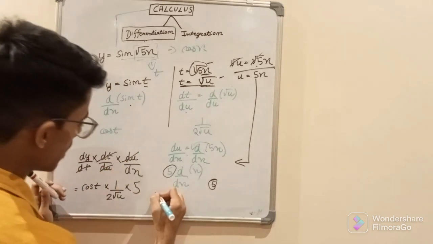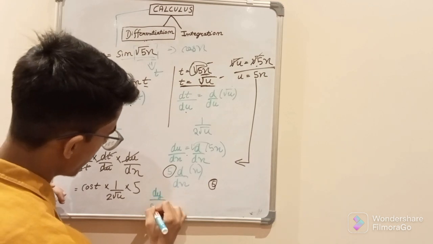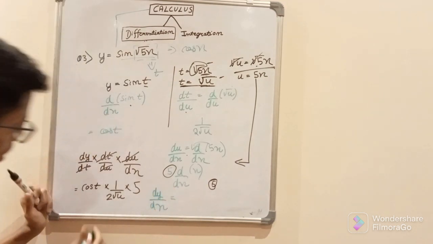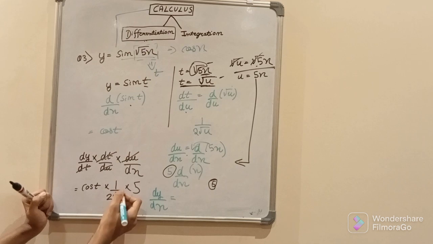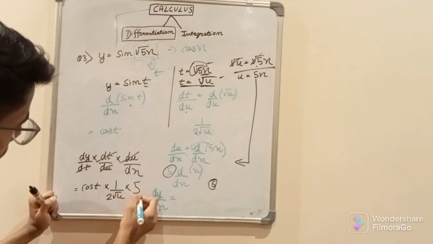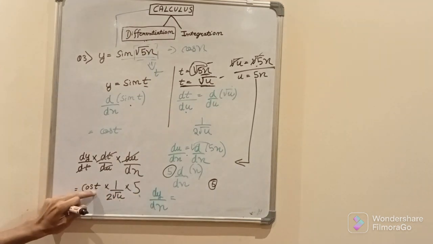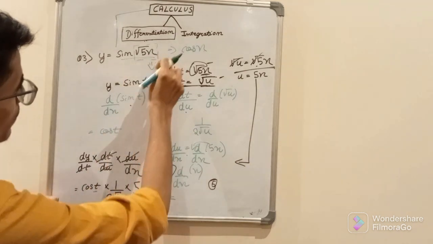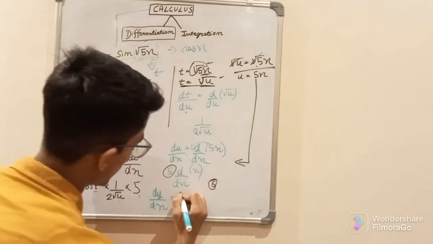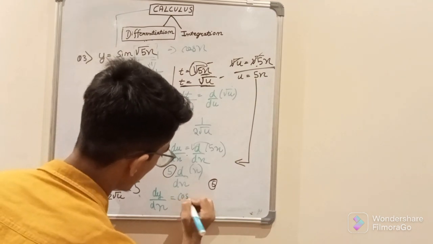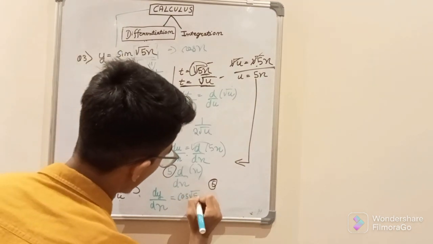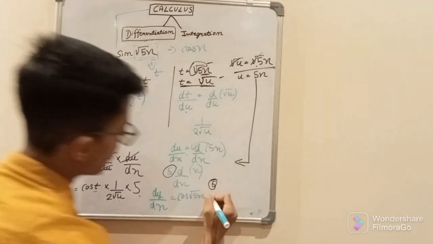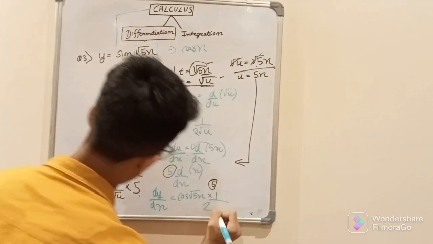So we are left with dy upon dx is equal to cos t multiplied by 1 upon 2 root u into 5. And we have to put the value of t, that is root 5x, which we assumed in the beginning. So we have the final answer as cos root 5x multiplied by 1 upon 2.